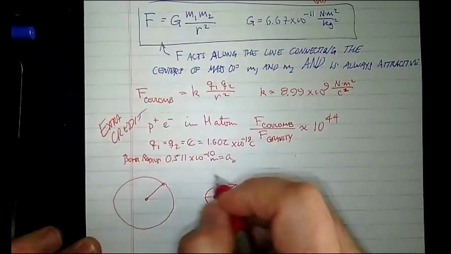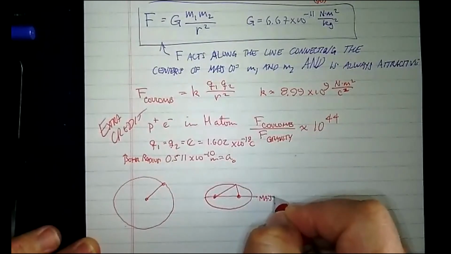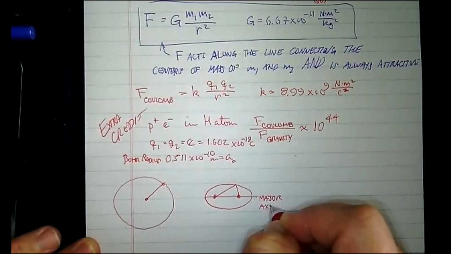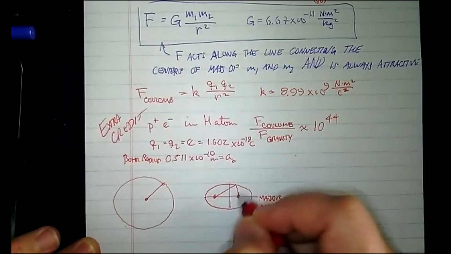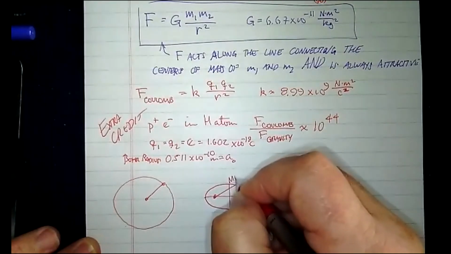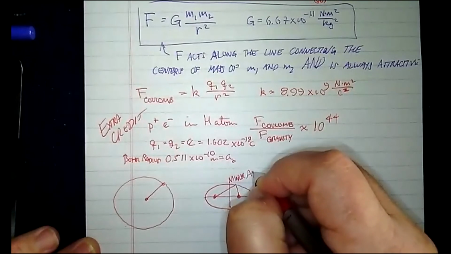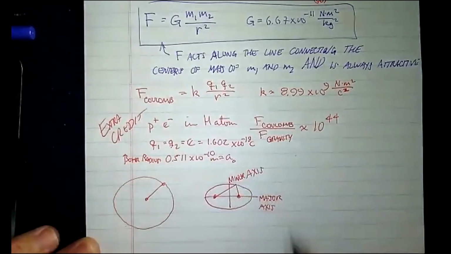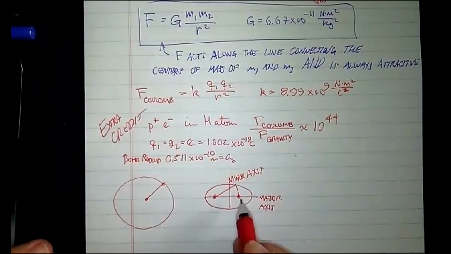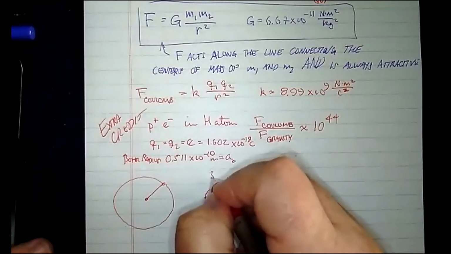This is called the major axis. This is called the minor axis. And of course, half of it's a semi. So you can also put semi on the front.